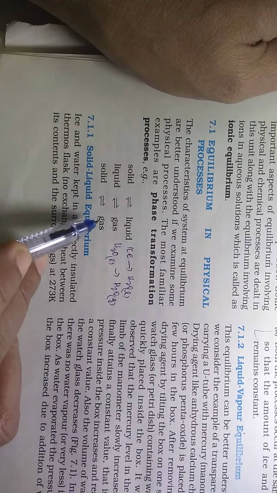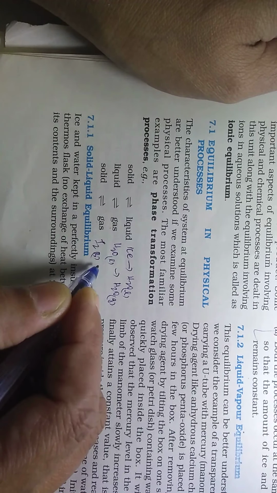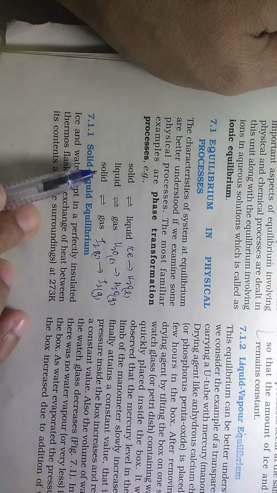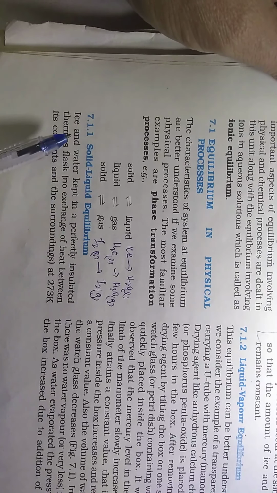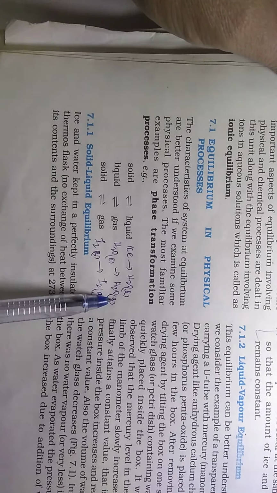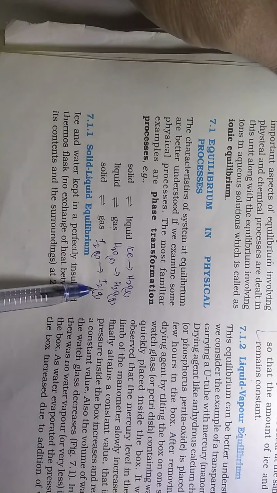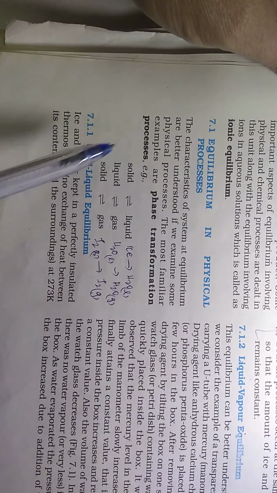Then solid to gas: here you can consider iodine, which is a solid, getting converted into iodine in the gas state. Solid to gas conversion is what is called sublimation, is it not? So this is what we are going to see: solid-liquid equilibrium, then liquid-vapor equilibrium, and solid-vapor equilibrium. All these three are phase transformation processes. Only the phase is changing.